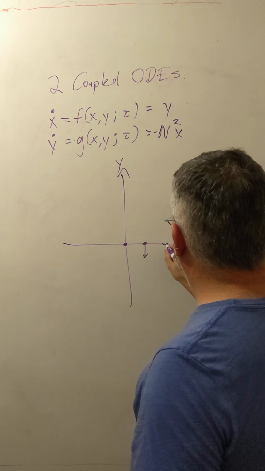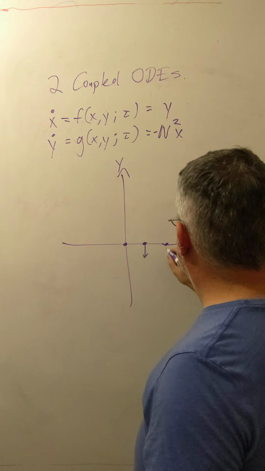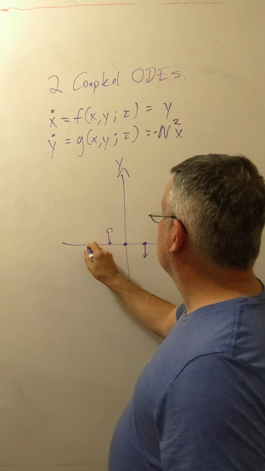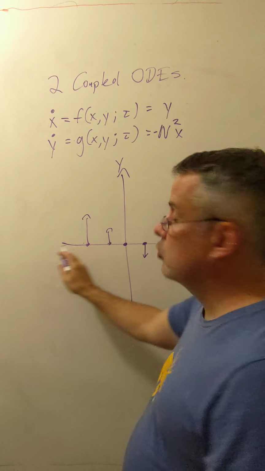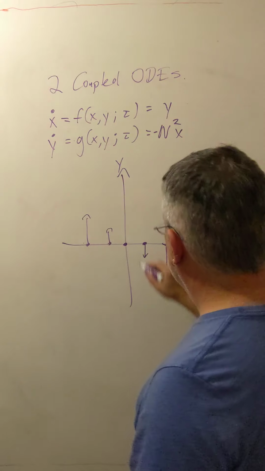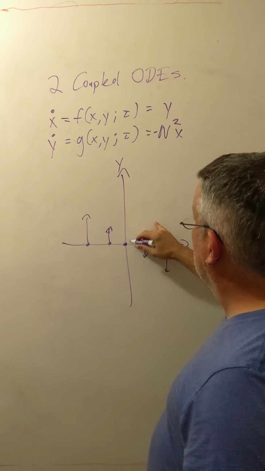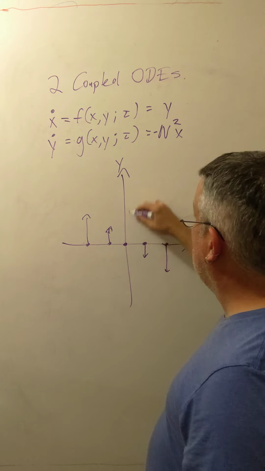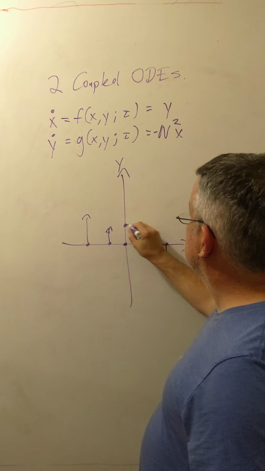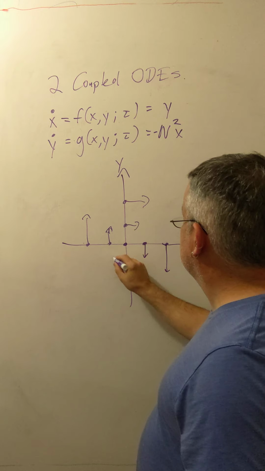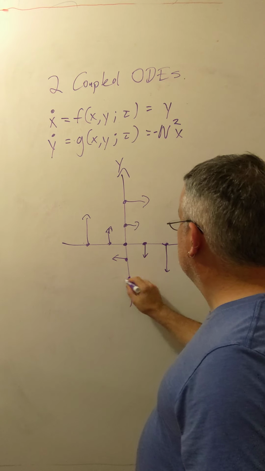And if I go farther out, I have a constant coefficient, but I'd be going down faster. What about if I go to negative x's? I'd be going up. I'd be going up faster. Down and up, just like that. Okay, that gives us a sense of what happens on the x-axis. What happens if I go up and down on the y-axis? Well, if I go up on the y-axis, my x dot is just equal to y, so it's positive, and it's more positive up here. It's negative, more negative down here.